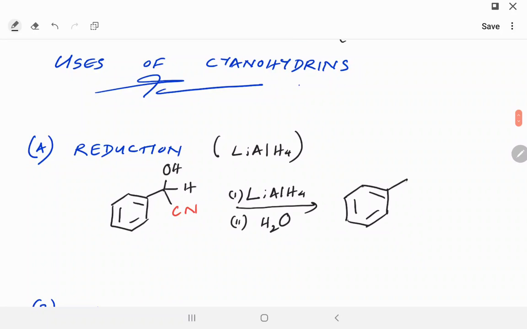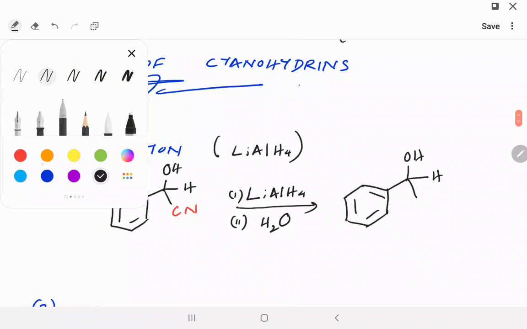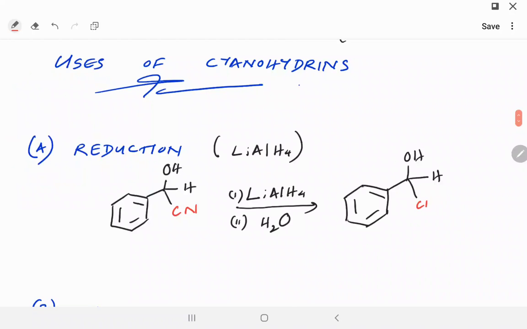Nothing will happen to that. Of course, the carbon and the OH and the hydrogen, they are all the same, but the carbon will be converted to a CH2, and the nitrogen will be converted to an NH2.